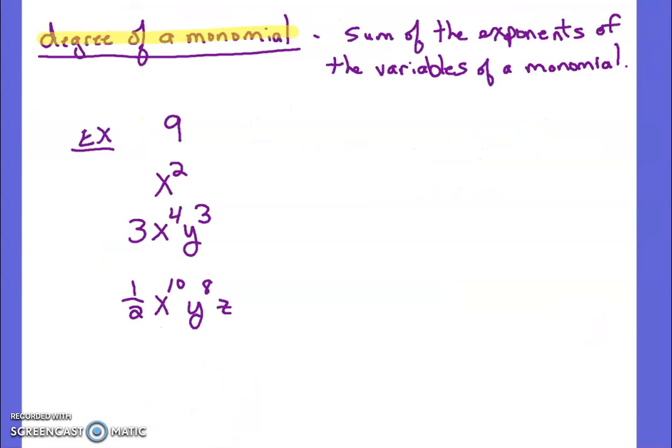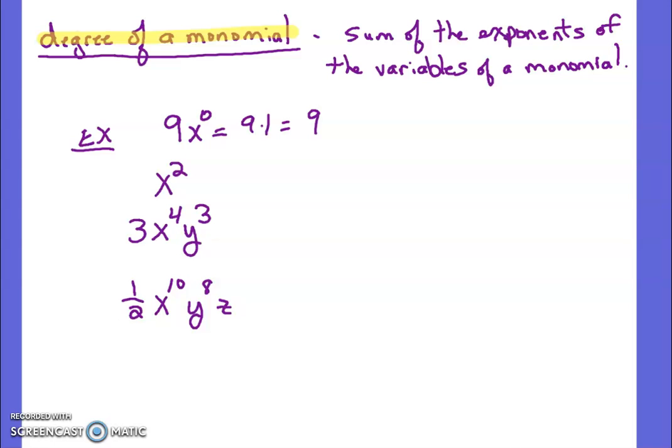So the degree of a monomial is the sum of the exponents of the variables of a monomial. So again, this one has 9. There is no variable here. So if you wanted to write x to the 0, you could. That's the same thing as 9. Remember, x to the 0 is the same as 1. So really, this is 9 times 1, which is 9. All right, so it's the sum of the exponents.